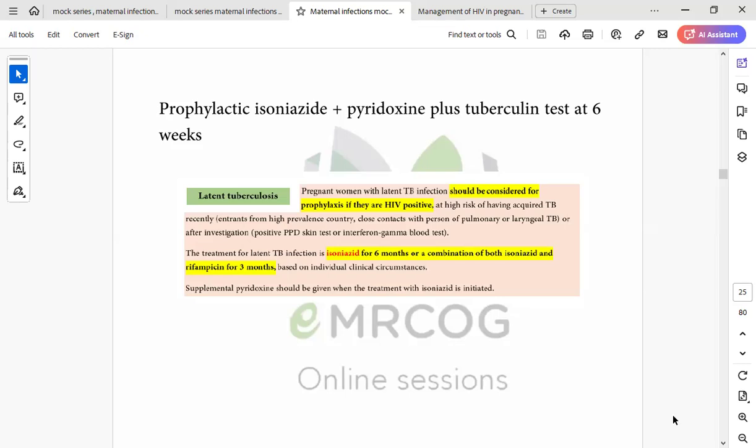Okay, so we have two regimens. Either you are going to give her the isoniazid alone for 6 months, or you're going to give her a combination between isoniazid and rifampicin for 3 months. That's it? No. We need to do a tuberculin test at 6 weeks to make sure of her status now.